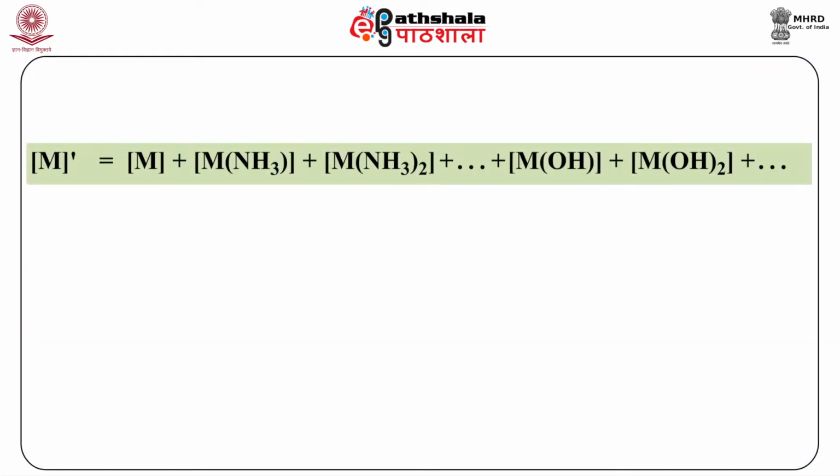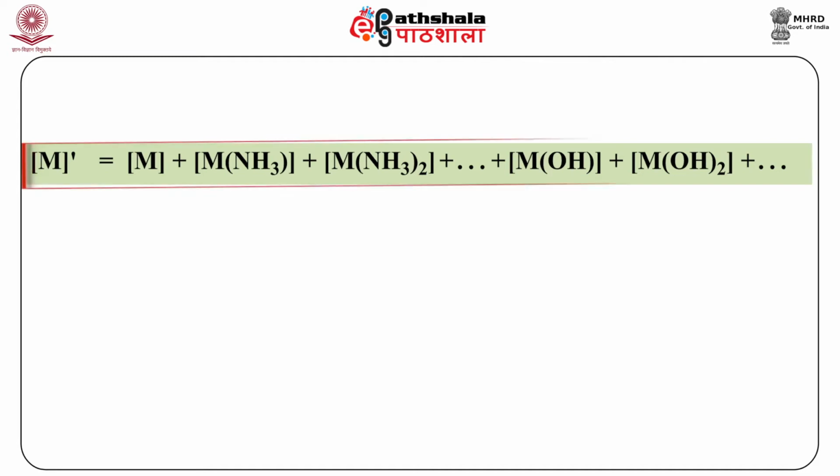Now, if we assume metal concentration M' as the total concentration of the metal ion for any ligand species apart from the exact complex in which we desire to connect it, along with the protonated or hydroxylated forms of this complex.